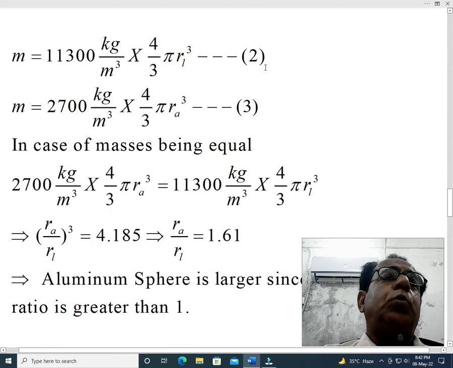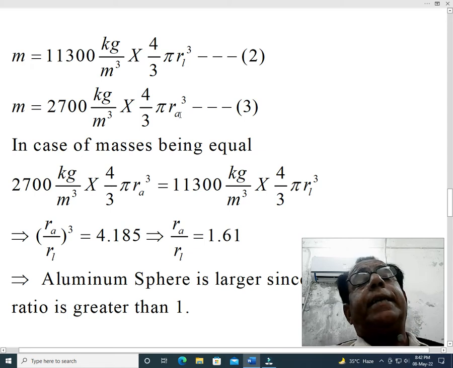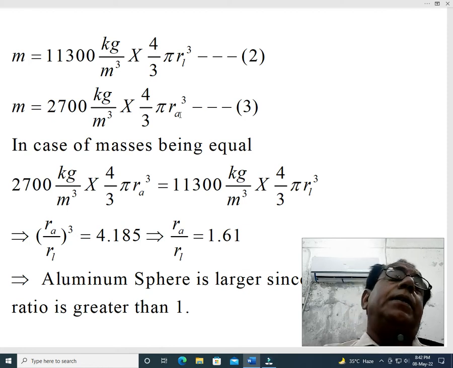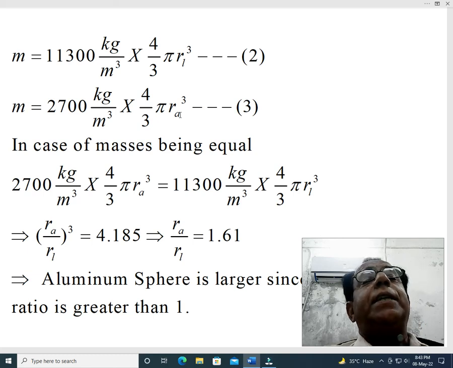Okay, equation number 2 is for lead and equation number 3 is for aluminum. Here, dear students, as I had stated in the starting part of this problem, having the same masses is very important in this problem.